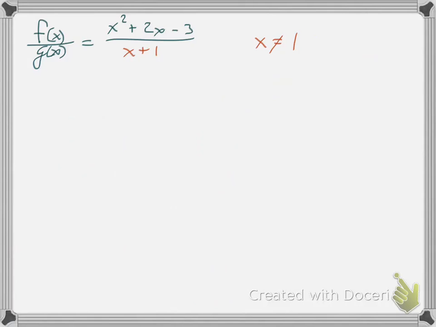I'm sorry, x cannot equal negative 1. We're going to go over the domain and range of a lot of these later in class, but now we're going to move on to composition functions, or composite functions.